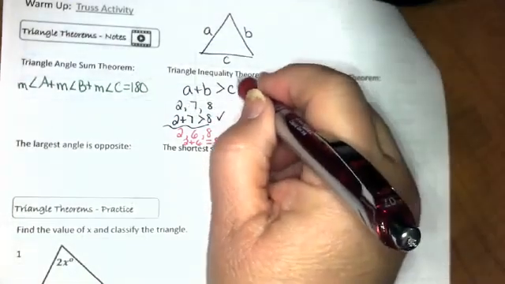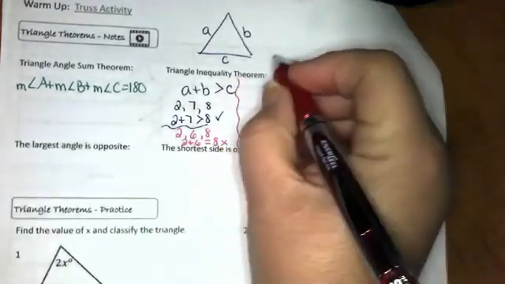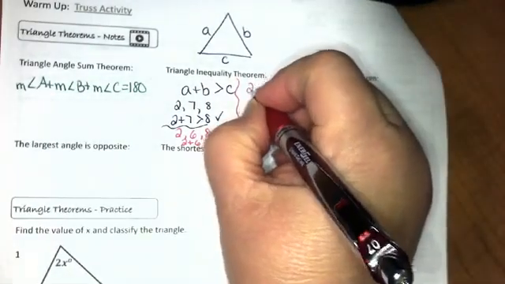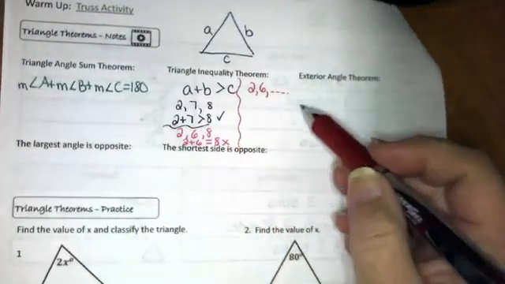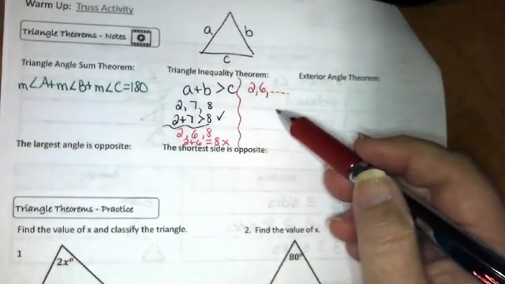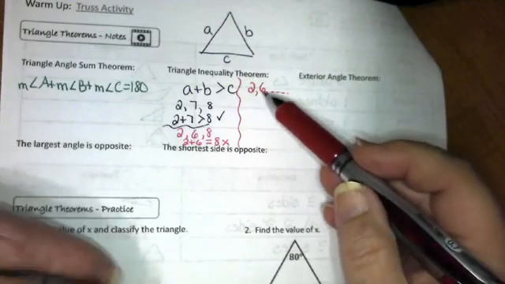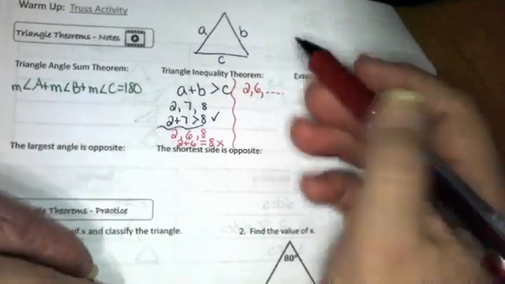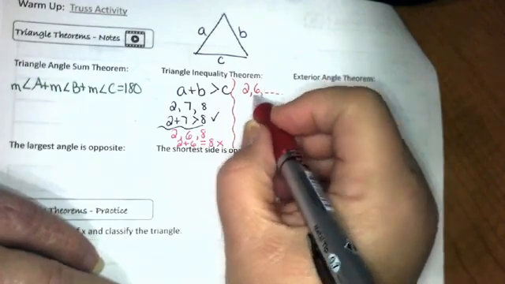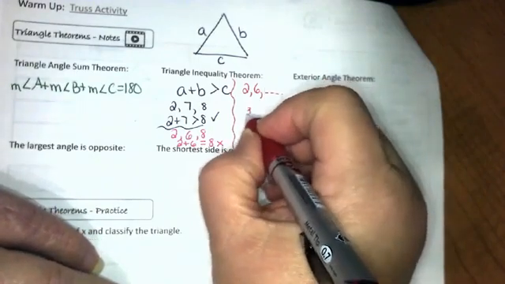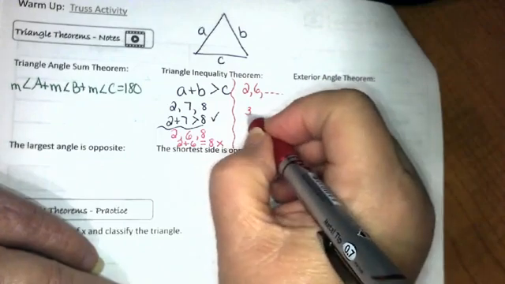Now another spin on this is, if I give you two sides and ask you, what are the possibilities for the third side? Well, I've got 2 and 6. So I could pick several numbers. Could it be 3? I think so, because 2 plus 3 is 5.